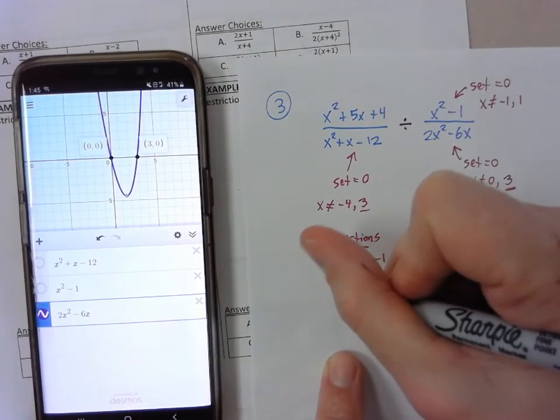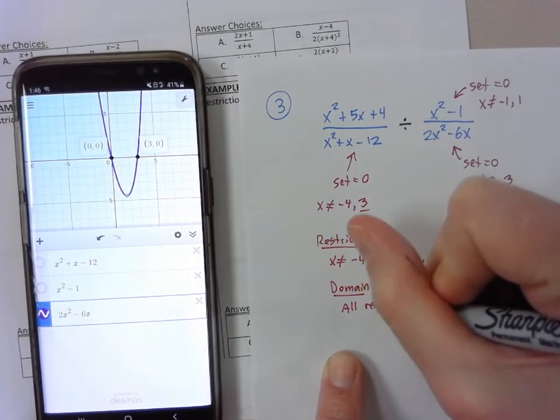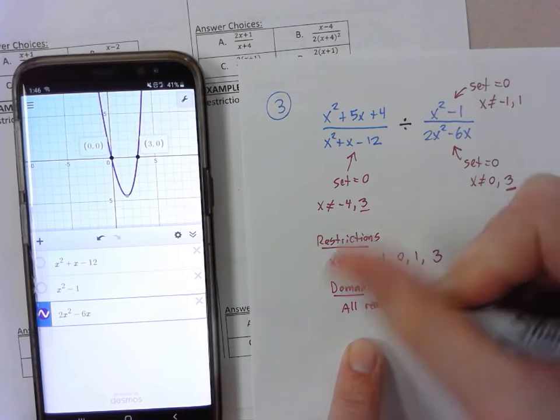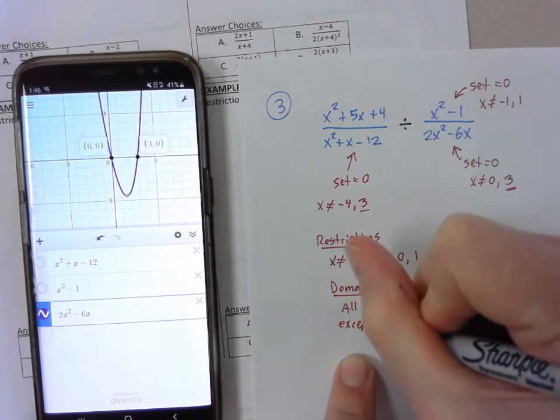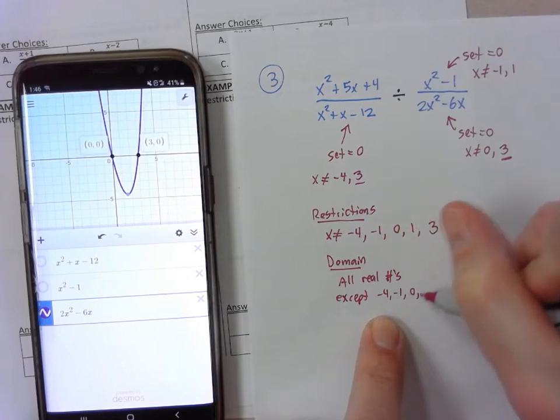So my domain is all real numbers except those 5 numbers that we just listed: -4, -1, 0, 1, and 3.